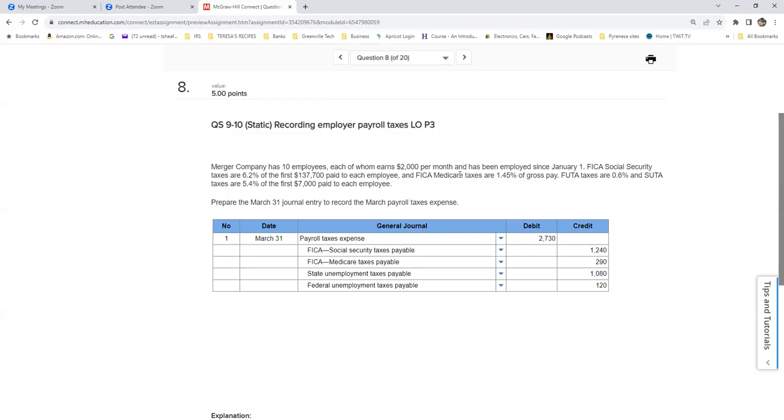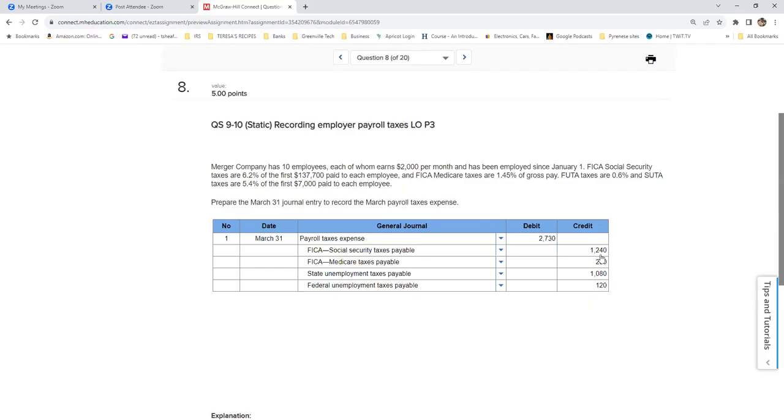You're given the rates up here. So after you calculate your total payroll, notice nowhere in the problem does it give you total payroll. You have to know to multiply 10 times 2,000 to come up with your monthly payroll, so you can calculate what your payroll taxes are. So again, you're going to come up with $20,000 in total payroll expense, which is 10 employees times 2,000 a month.